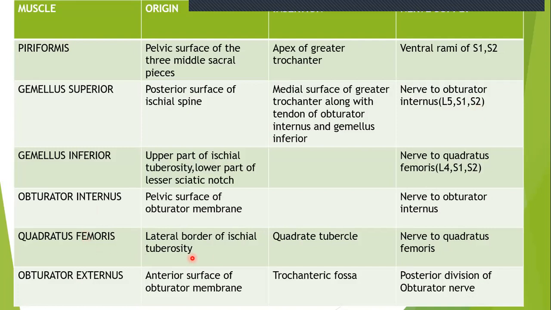Now, quadratus femoris originates from the lateral border of ischial tuberosity, inserts into the quadrate tubercle. If you can remember, along the intertrochanteric crest, we have a tubercle which is known as the quadrate tubercle. That is where quadratus femoris inserts, innervated by its own nerve, the nerve to quadratus femoris, L4, L5, S1.